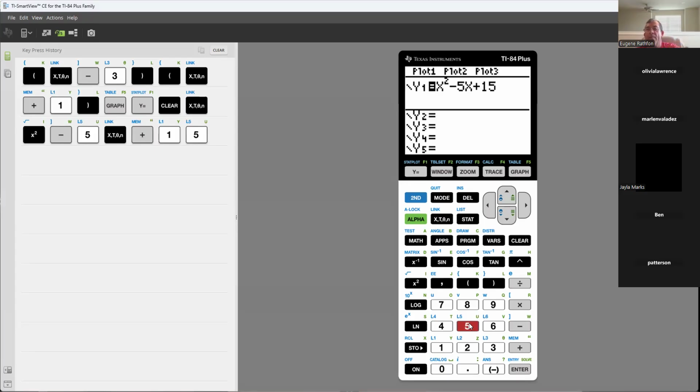Remember, it's less than 0, so you're looking for the part of the graph under the x-axis. But when you graph it, everything is way above the x-axis. There's my little parabola. None of it is below the x-axis, so none of it is less than 0. That's why that one was a no solution, okay?